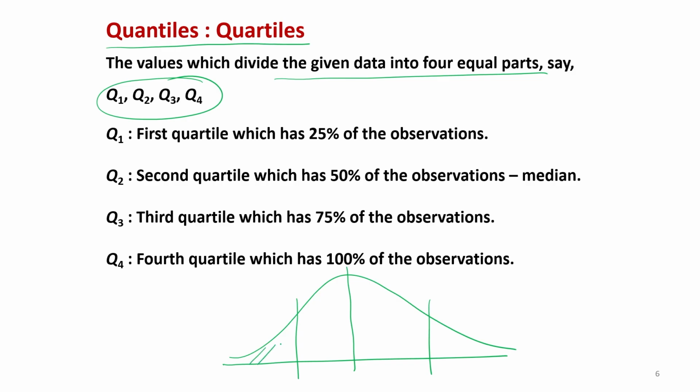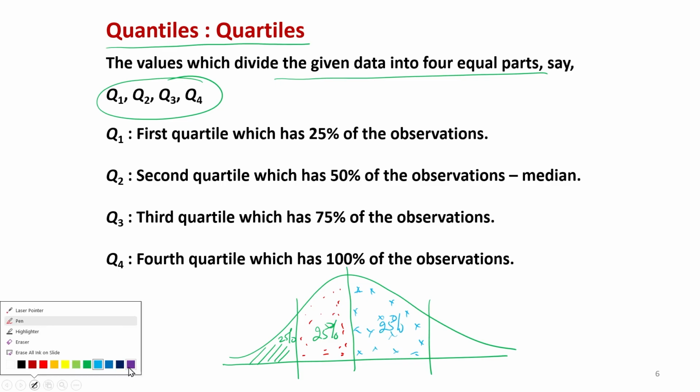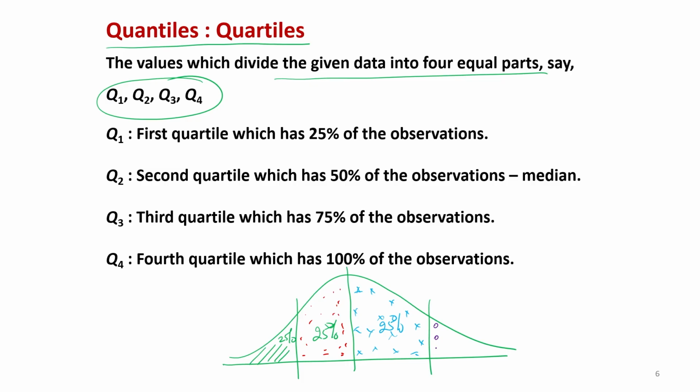If you see here, this is a 25% part, this is another 25% part, which I denote by red dots, and here, in blue stars area, this is another 25% area, and the last part, denoted by small circles, is another 25% of the area, right.